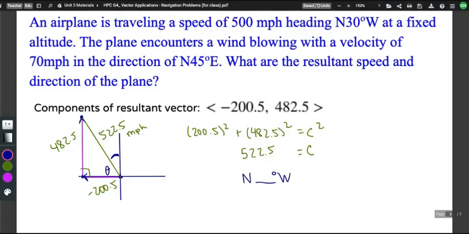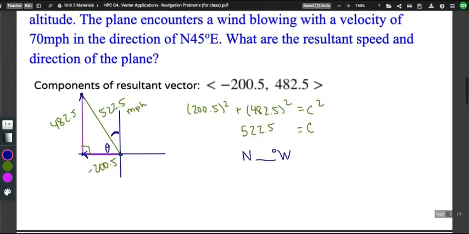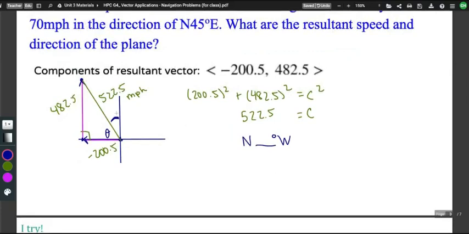Lots of strategies exist. Since I know all 3 side lengths of my triangle, you're going to find me using my tangent ratio. Tangent of that angle is the ratio of opposite over adjacent, or y over x, vertical over horizontal components. But notice again, I'm not putting the positives or the negatives. All I'm trying to do is to quantify this reference angle, and then I'm going to use the context of the problem to communicate my actual direction.